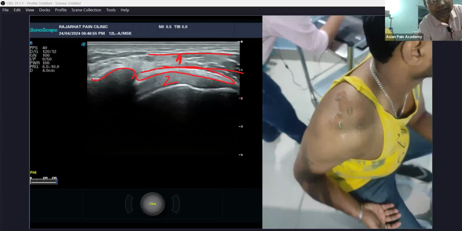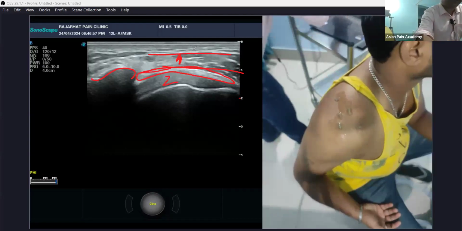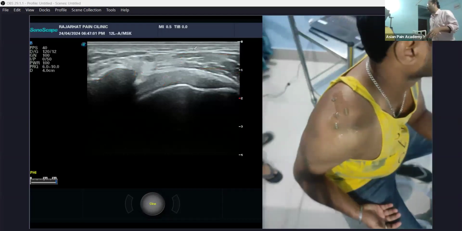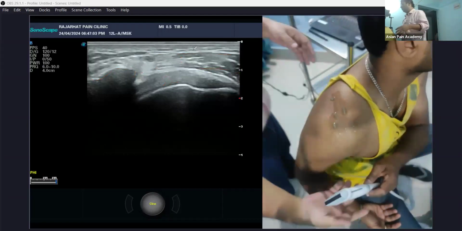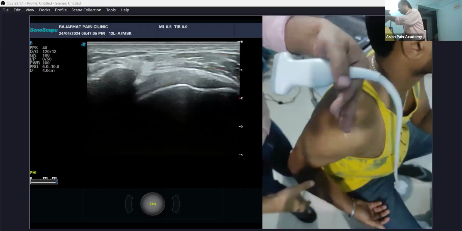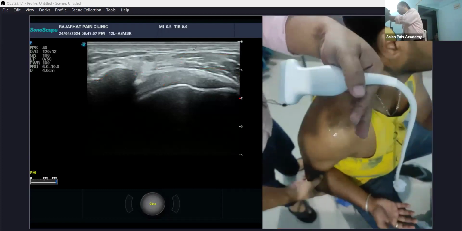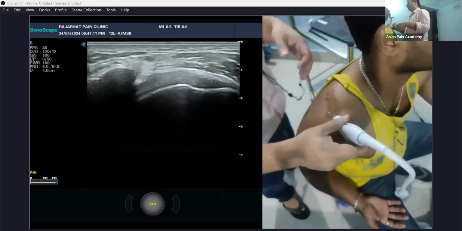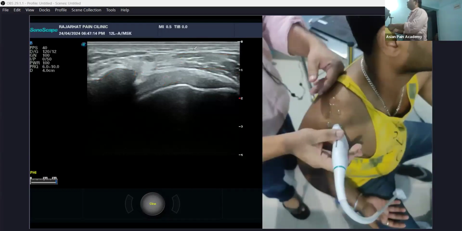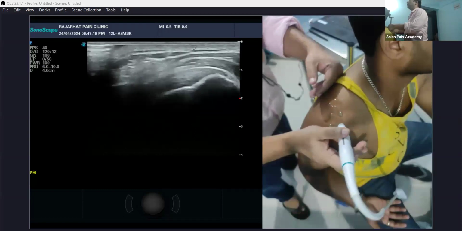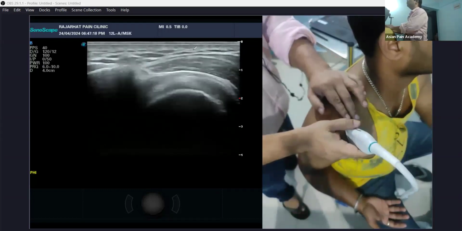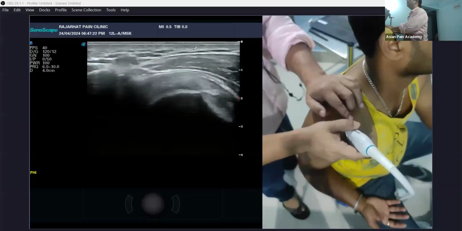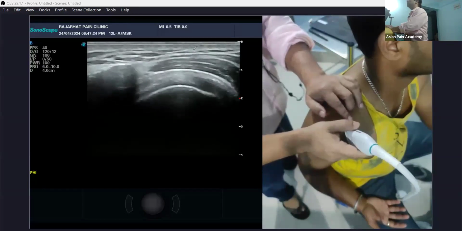Between them we must be seeing the SASD bursa. Since he is a volunteer and doesn't have any fluid in the bursa, we will not see the bursa very well, but we will understand the area which is a potential space, where we should look for any fluid collection.